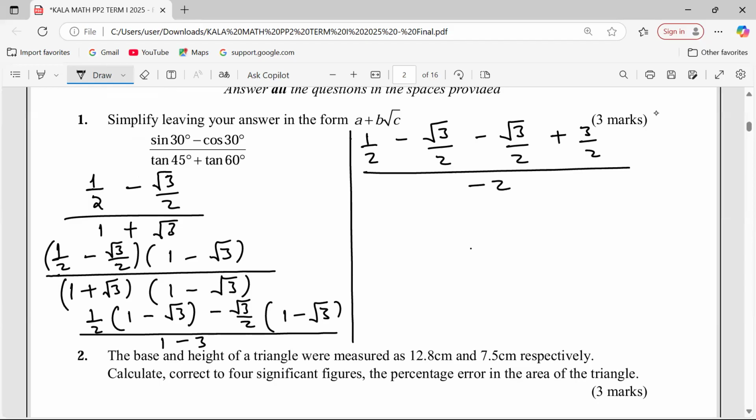Now we can group terms together. Half plus 3 over 2. You know, 3 over 2 is 1.5. So that becomes 2, right? 1.5 plus half is 2. Then the negative root 3 over 2, minus again root 3 over 2, becomes negative 2 root 3 over 2 when you add them.